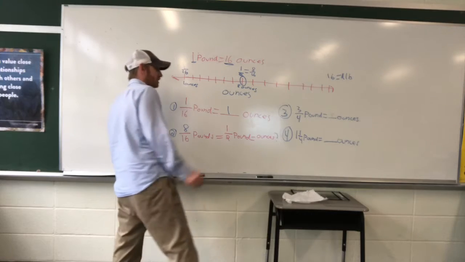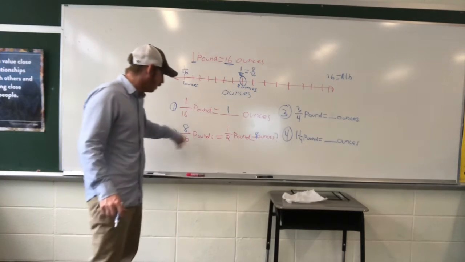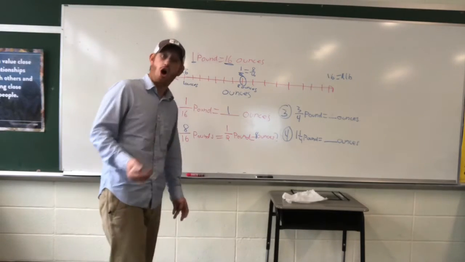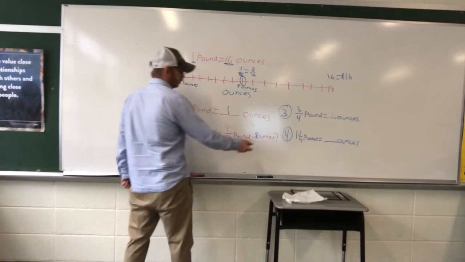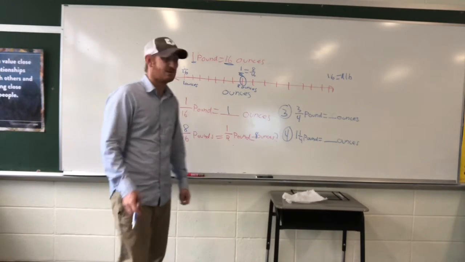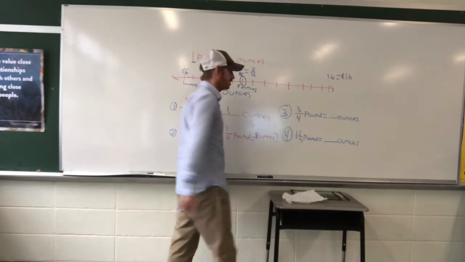It's also equal to 8 ounces. Any one of these three would be correct. Most likely, though, if you were talking to someone, you'd want to refer to it as either ounces or as 1/2. The next one we're going to look at is 3/4 of a pound.